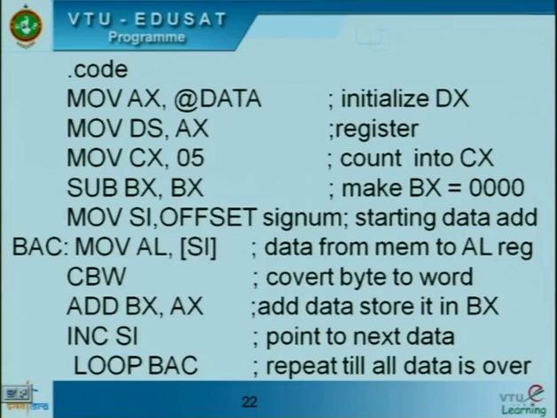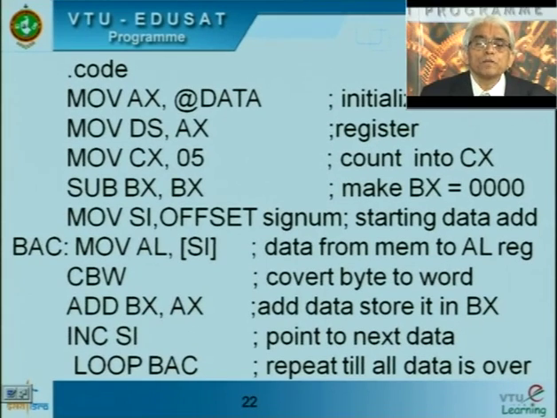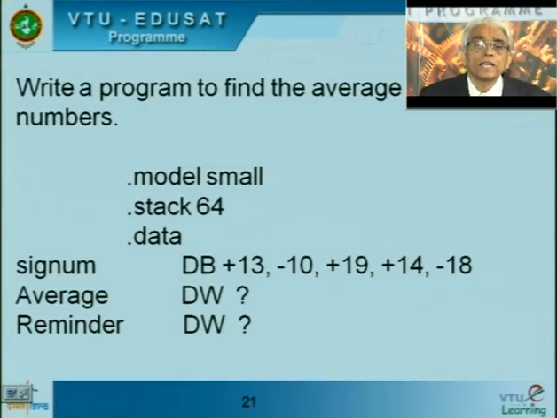Once the data segment register is addressed, it will be the starting point, and we can have the index register move from that point to access individual data which was mentioned in the previous slide, set as .data. The signed numbers are: the first number is plus 13, the second is minus 10, the third memory location is plus 19, the fourth is plus 14, and the fifth is minus 18.